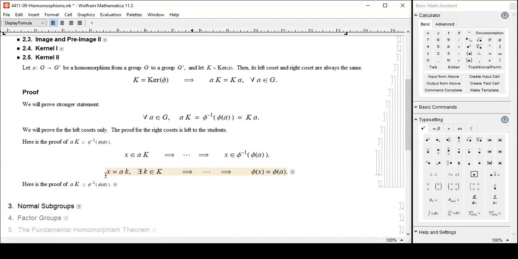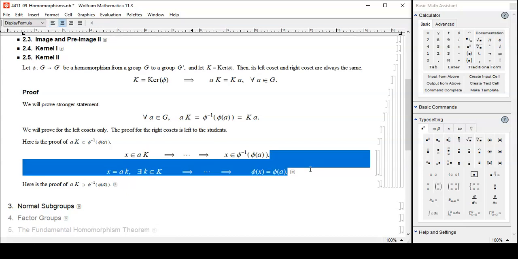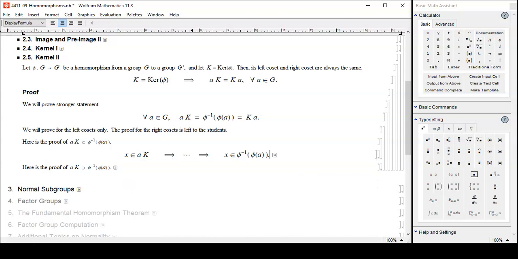So x is of the form a times k. Then you have to prove that phi of x is equal to phi of a. How do you do that? Shall we just apply phi here, phi of x and phi of ak like that, and then use the property of phi? Indeed, that's what you're going to do.